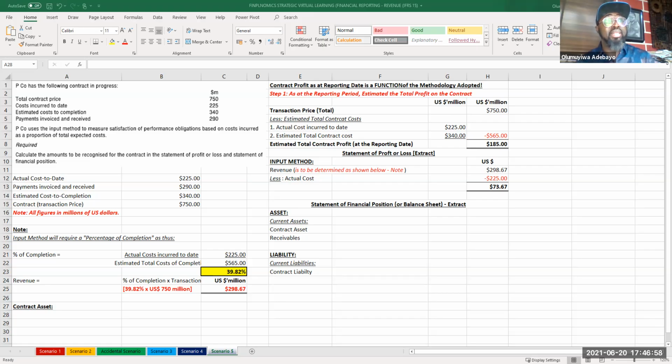Therefore, the 10 million that I have completed and have billed will be deemed to be receivable if it has not been paid. While the 2 million that I have done, but it's not yet due for me to bill, is a contract asset because I still have the right to collect it, but until I finish phase 2, I can collect it along with the other part of phase 2 that has been completed. Does that make sense? Yes. Okay. Therefore, let us ask ourselves a simple question.